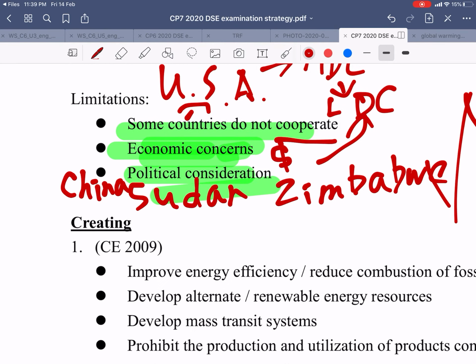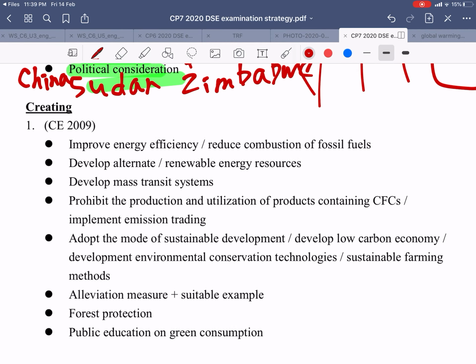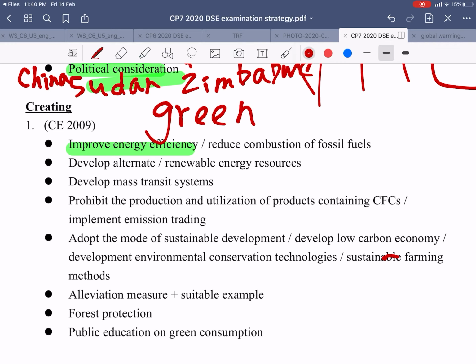Okay, so accordingly, not just the evaluation, we have to provide different measures, okay, to outweigh different measures, okay. For example, if previously some of the question is talking about greening or renewable energy, okay.